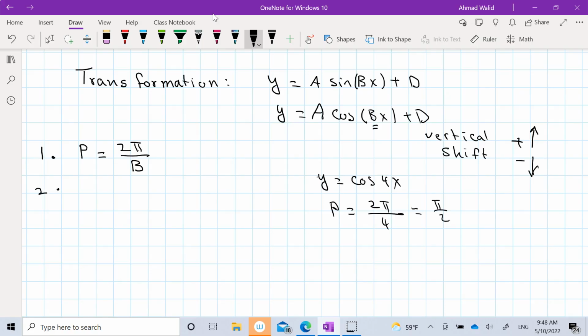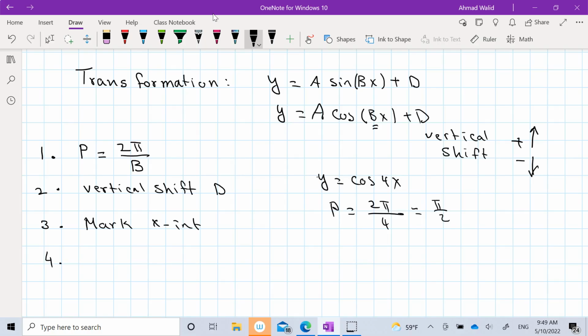And step number 2, always vertical shift. Do your vertical shift, which is your D. Step number 3, mark x-intercepts.